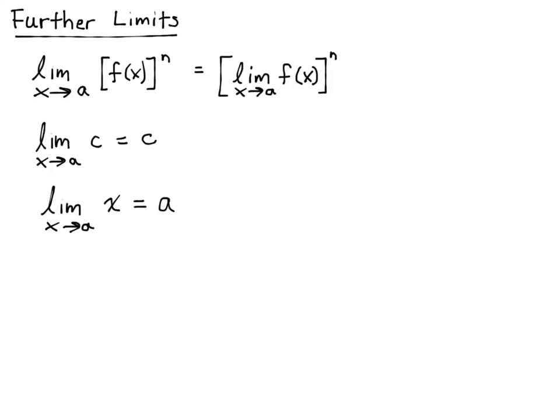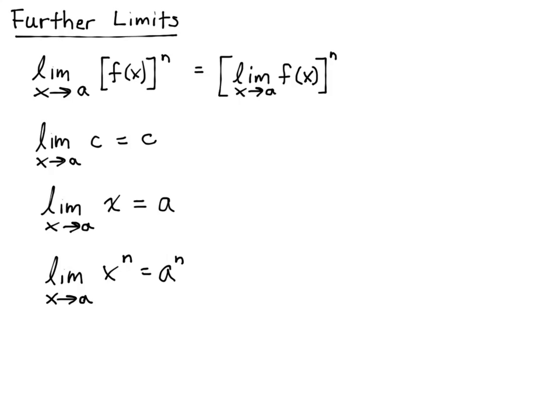Now, if we have just a variable, just x, the limit as x goes to a is a. That might seem almost trivial, but it's one of the most important limits that we have. So if x is going to go to a, the limit is going to be a. Not real hard to remember.